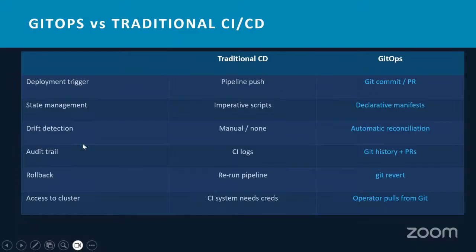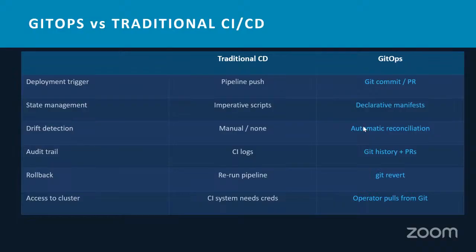Then the next one is drift detection. In the traditional way, after you make any changes, you have to go to the tool you are using. Let me use Jenkins for example. You have to go to Jenkins to run your pipeline.